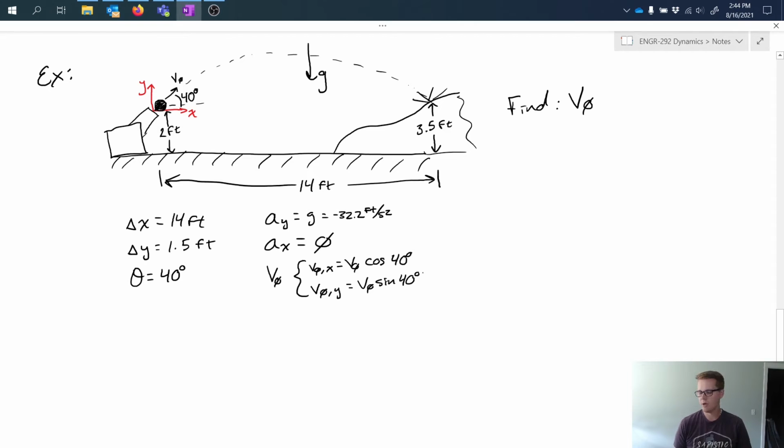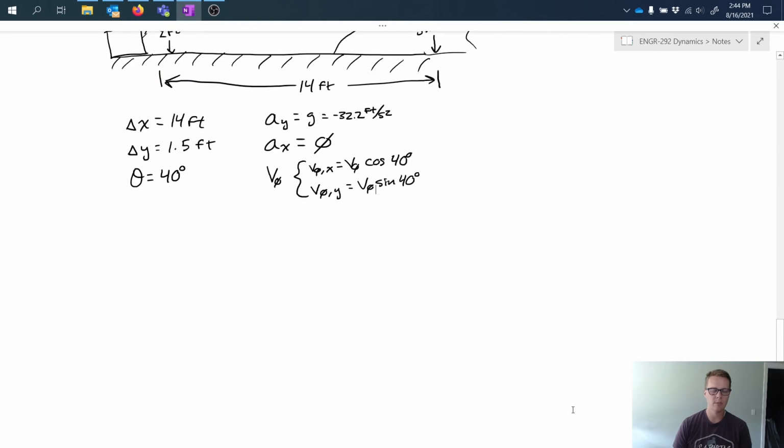Great. Now, I said at the beginning that we have a constantly accelerating motion in our vertical direction, which is our y direction, and we have a constant velocity motion in our x direction. What that does for us is it provides some simplifications that we can make in terms of our equations.